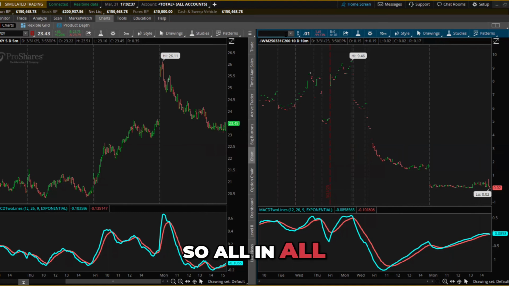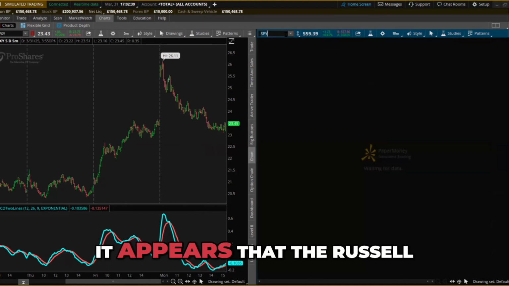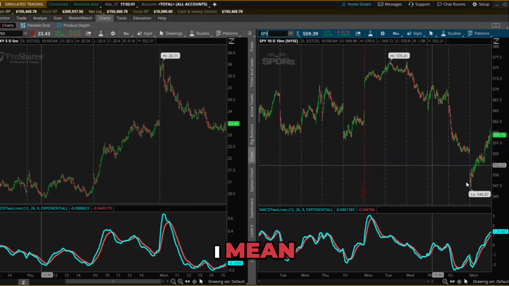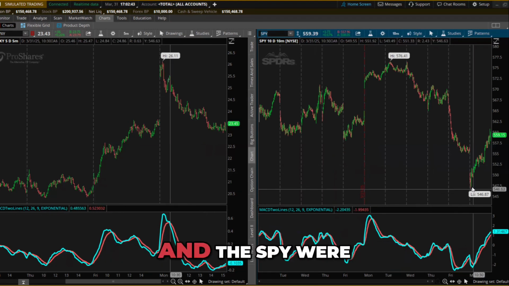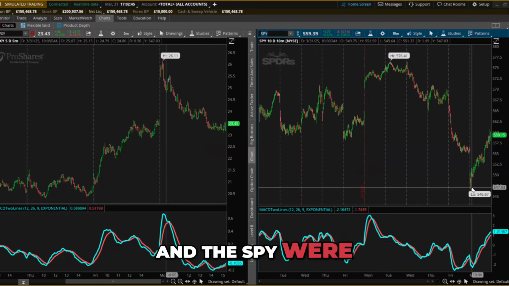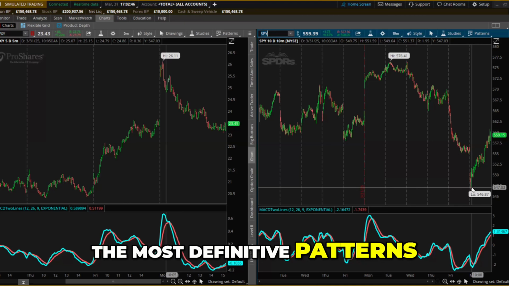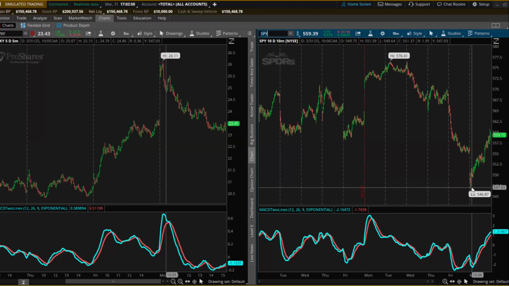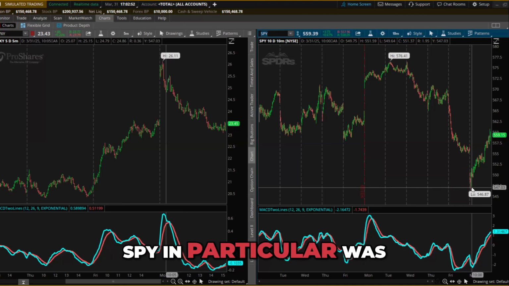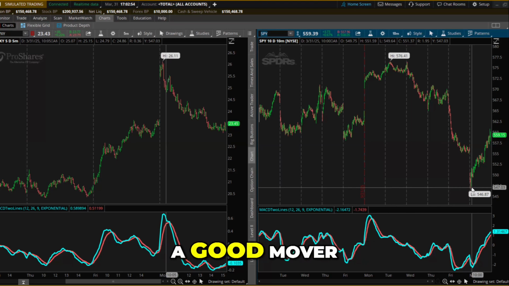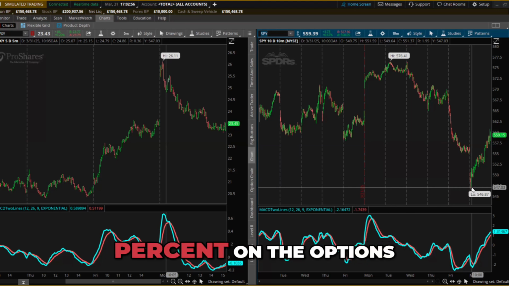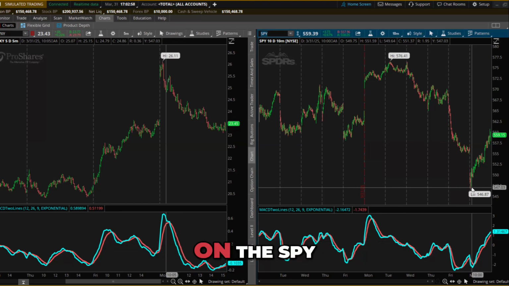So all in all, it appears that the Russell 2000 and the SPY were the most definitive patterns. And the SPY in particular was a good mover, about 3,000% on the options on the SPY. So that's good. Pretty good day.